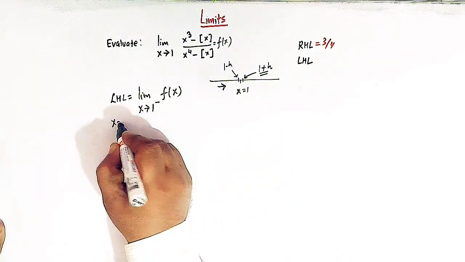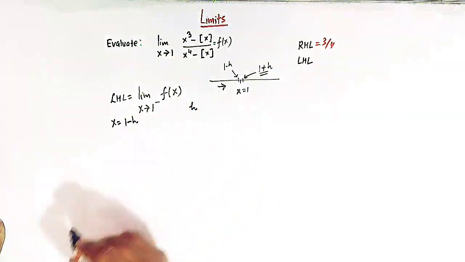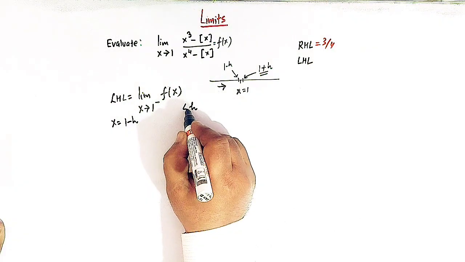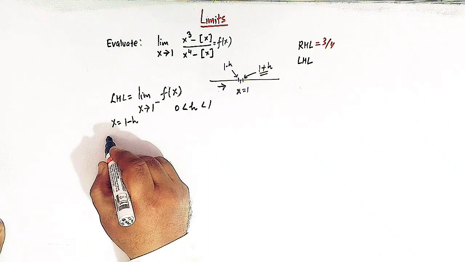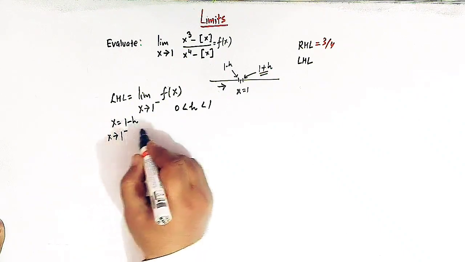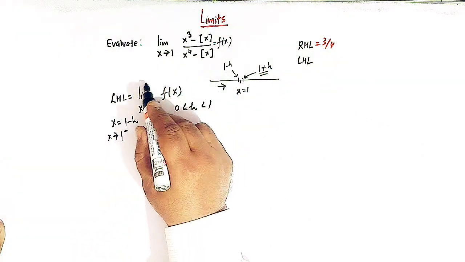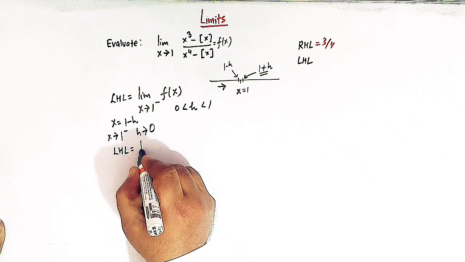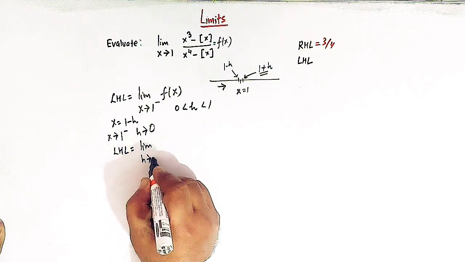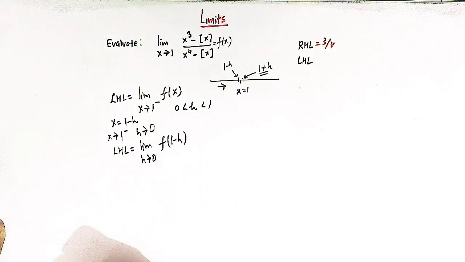So we'll take x equal to 1 minus h, and again h is infinitesimally very small, and it lies between 0 and 1. And when x tends to 1, then h tends to 0. So now expressing this limit in terms of h, the left hand limit is given by limit h tends to 0, and we have f of 1 minus h, right?